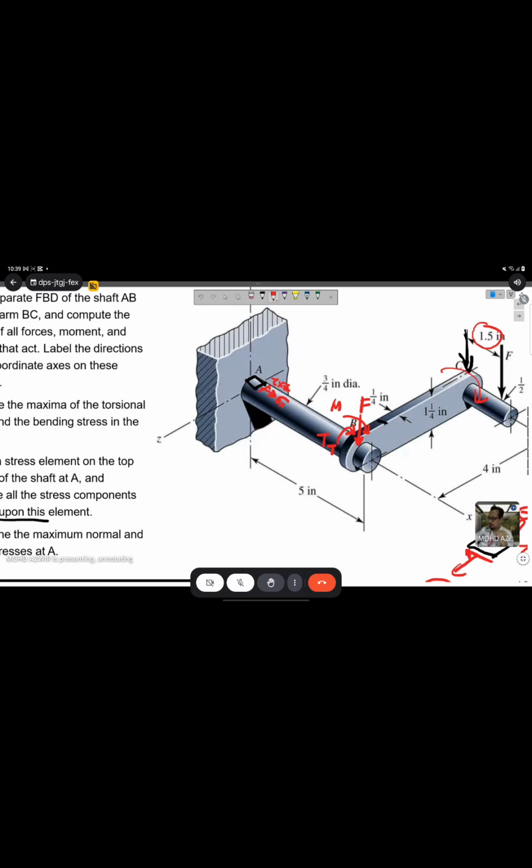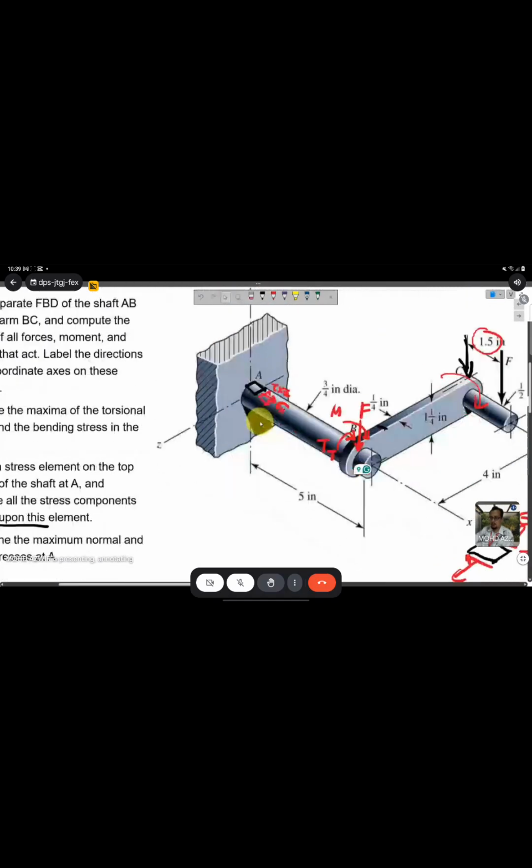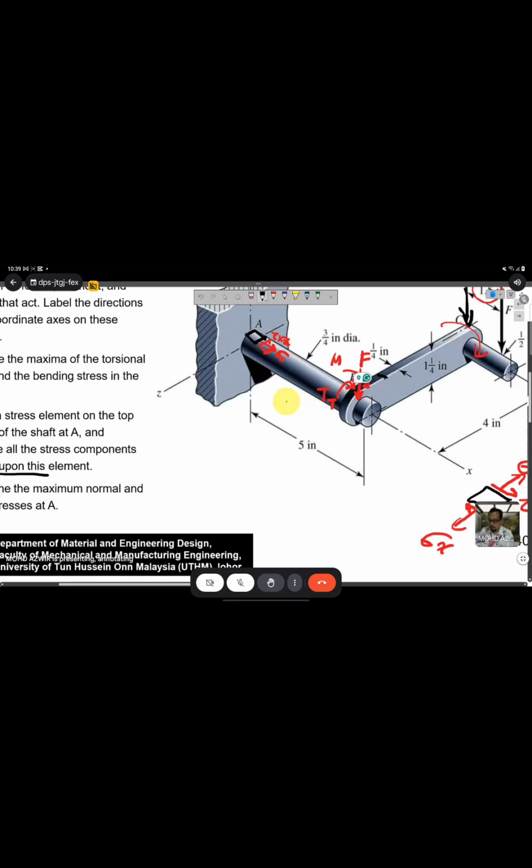And then what happens if I have a bending moment here? The moment will make another kind of stress in this direction. If I try to draw this element outside, maybe here, this one is the x axis and this one is the z axis.